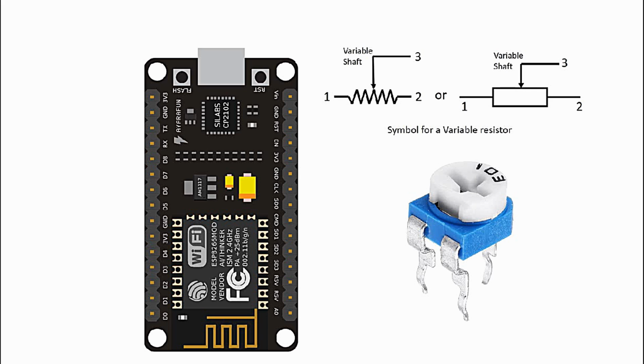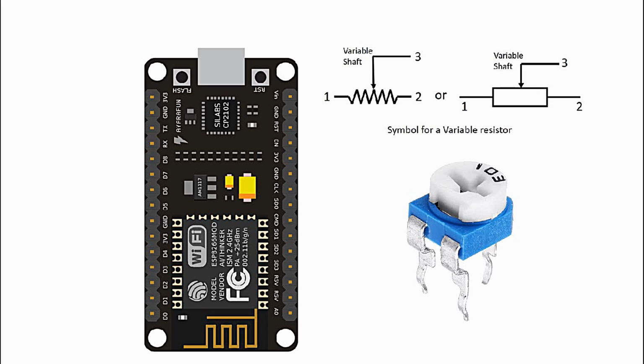For interfacing any analog sensor, you can test the analog sensor data with the help of this variable resistor for any microcontroller. For testing any ADC module of a SoC or microcontroller, you can interface this variable resistor, or you can replace the analog sensor with it for testing the analog data.